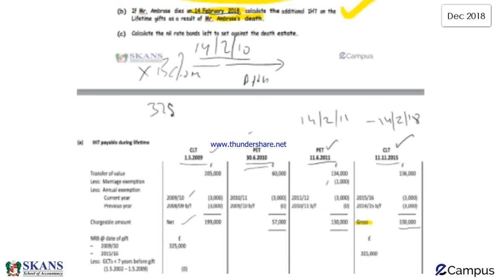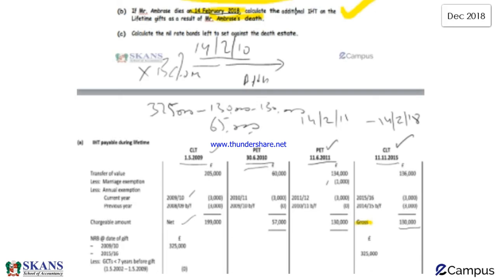That would be 325,000 minus 130 and then again 130. So we will be left with a nil rate band of 65,000 for the death estate.